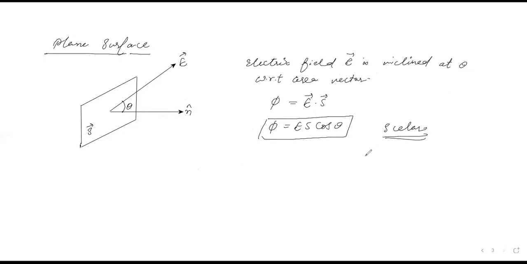And the unit: the unit of electric field is Newton per coulomb, and area is meter square, so the unit is Newton meter square per coulomb. This is your unit in the SI system.